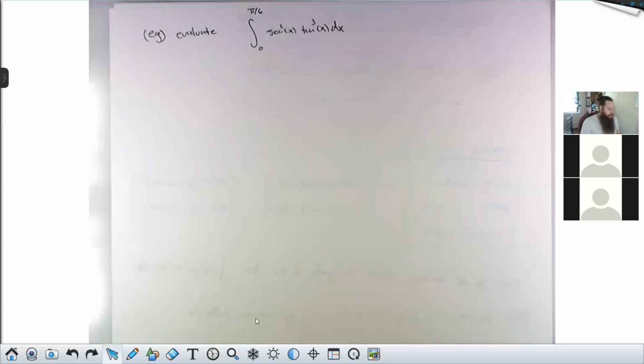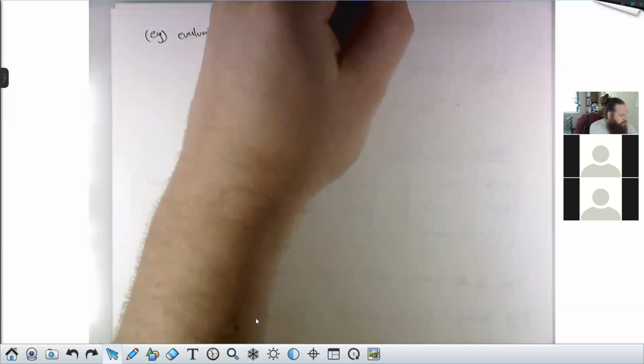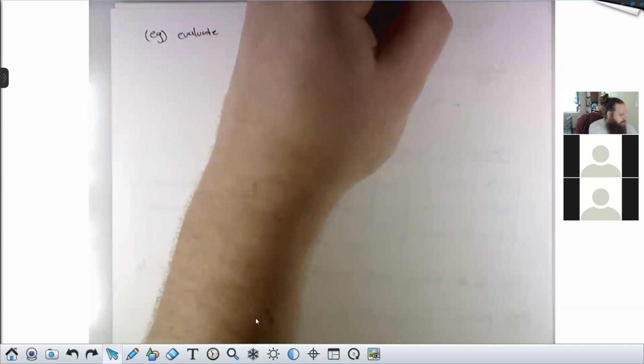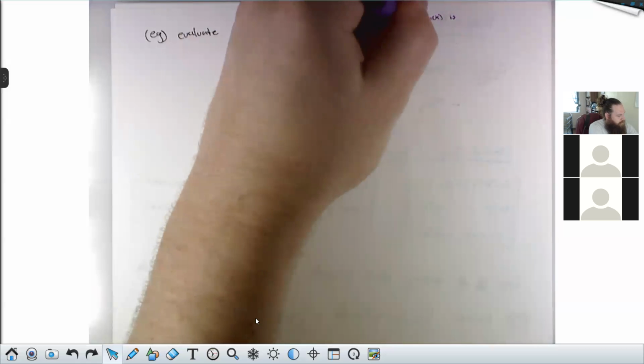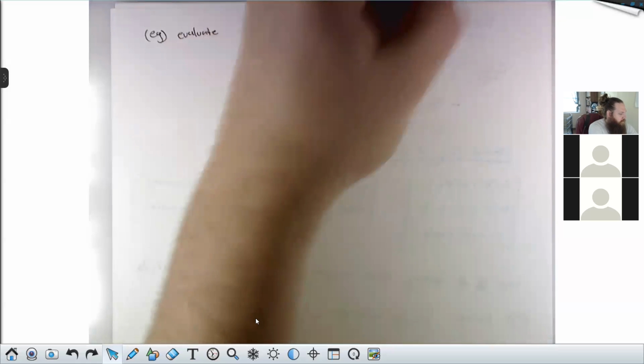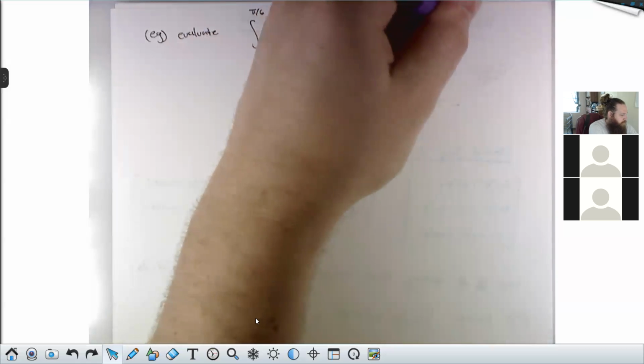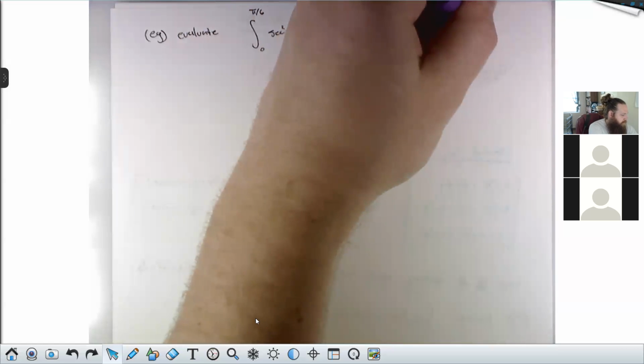Definite integral or indefinite integral, the strategy is still the same. Here, the power of tan is odd. So my strategy is to sub u equals secant x.